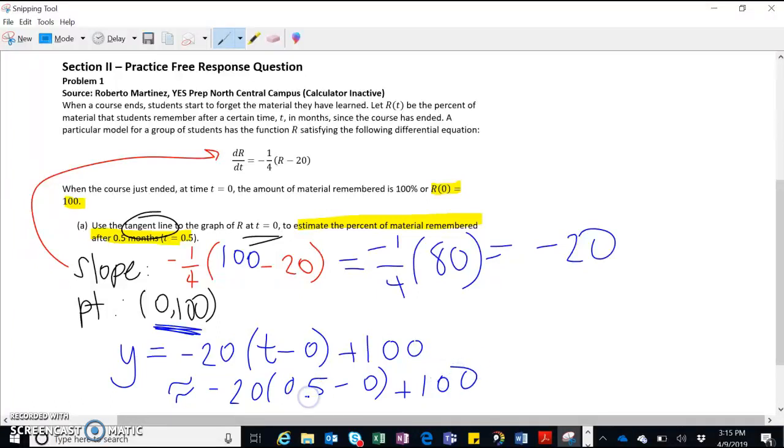All we have to do there is take our tangent line that we just created and substitute in the value 0.5. Sorry, that's a decimal right there, which allows me to get my estimate.